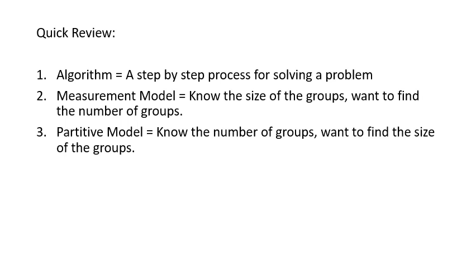So let's look at the first example. I want to look at 64 divided by 4 using the measurement model. Now, the most concrete way to do this would be to take 64 and literally draw out 64 individual X's like this.